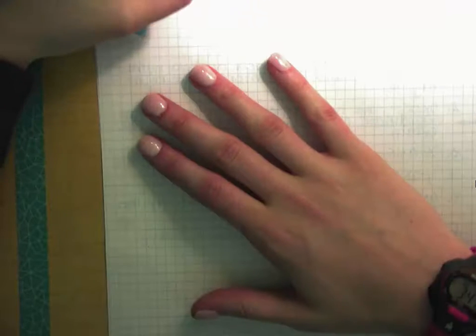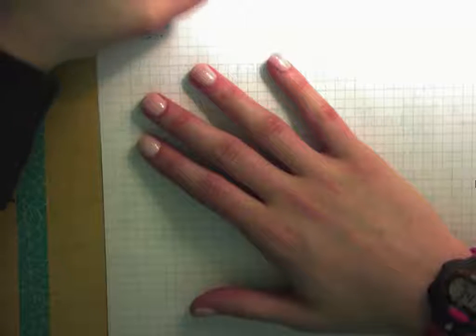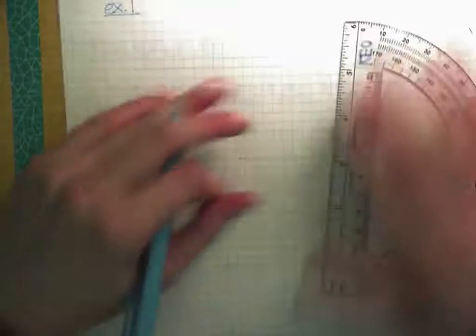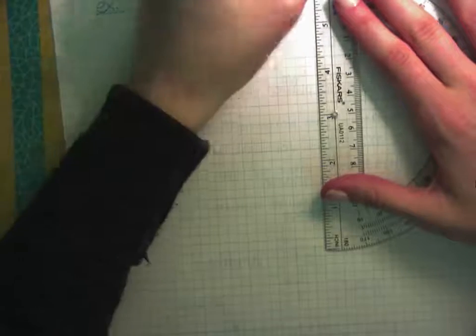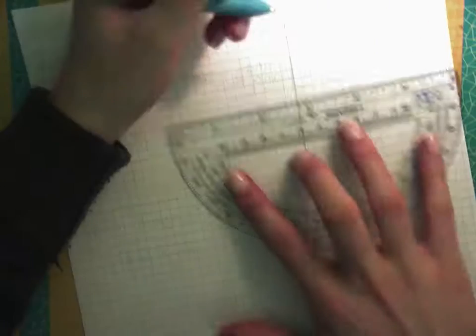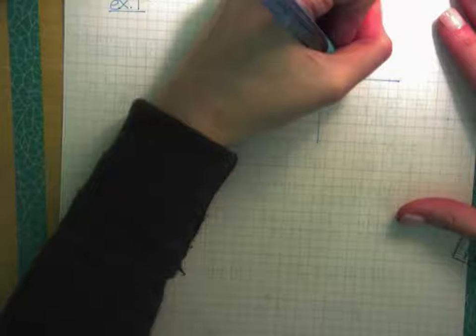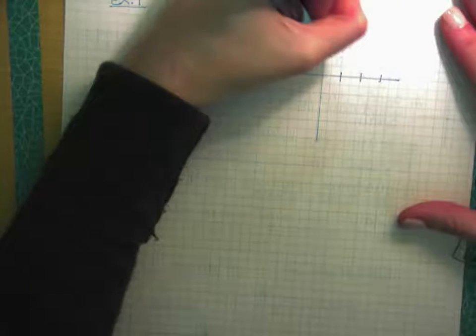All right, so let's look at an example where we are going to practice identifying what quadrants certain points are going to belong to. Okay? So I'm going to quickly, and not very neatly, just for the sake of time, draw in a coordinate plane.